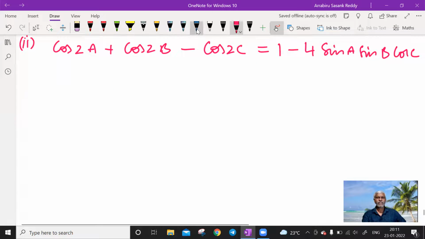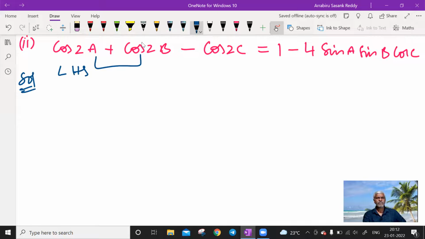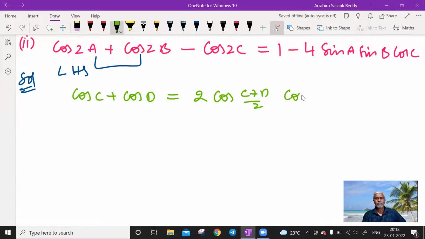So proceed as above. Same left hand side, and adding this two using the cos C plus cos D formula. Same, cos C plus cos D is 2 cos (C plus D) by 2 cos (C minus D) by 2.